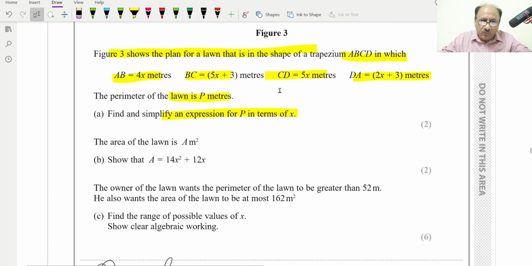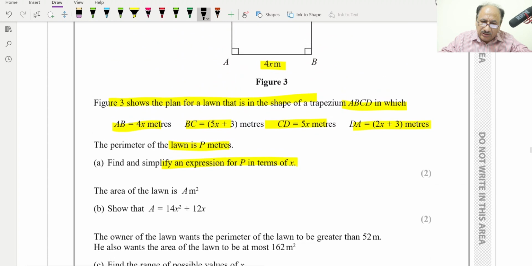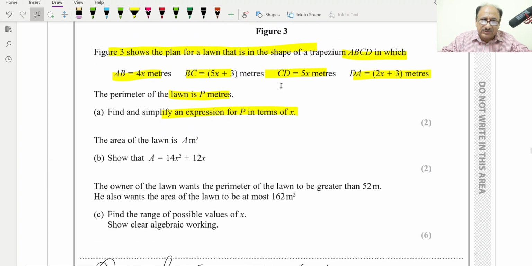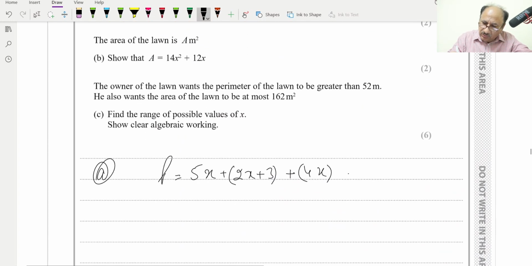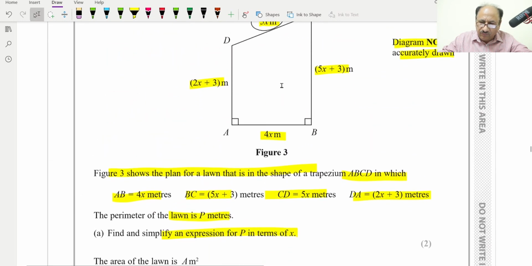The second is plus 4x, and the next side is plus 5x plus 3. These are four sides, and you can see this trapezium has four sides.